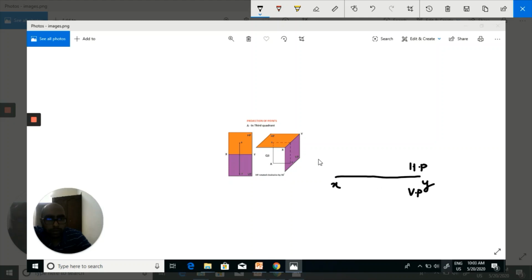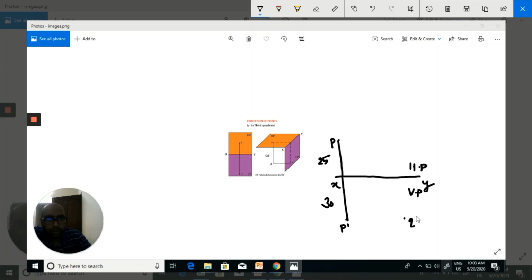The front view will be on the vertical plane, so this is your front view P dash, and the top view will be on the horizontal plane, P. The front view will be 30 mm from the reference line, and the top view will be 25 mm from the reference line.